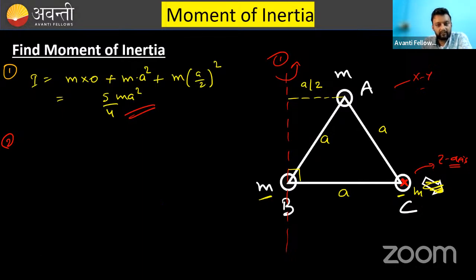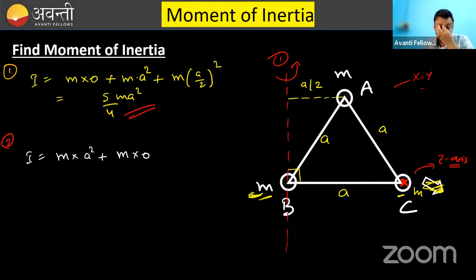Now, again, we will start with any mass. Let's suppose I am starting with this mass B. So I is equal to mass M into the perpendicular distance, which is A square, plus another mass C. If I talk about C, the mass is M and the perpendicular distance is 0.